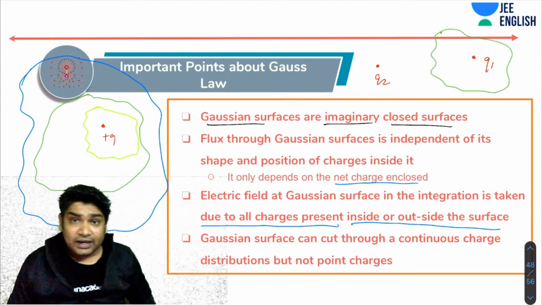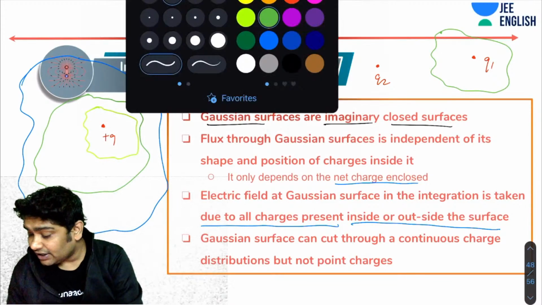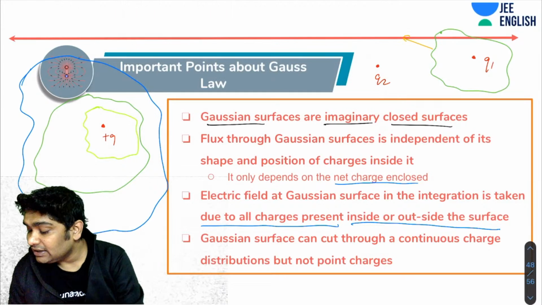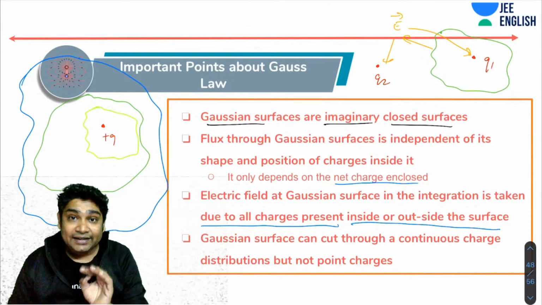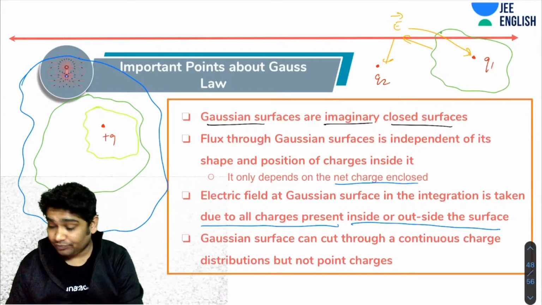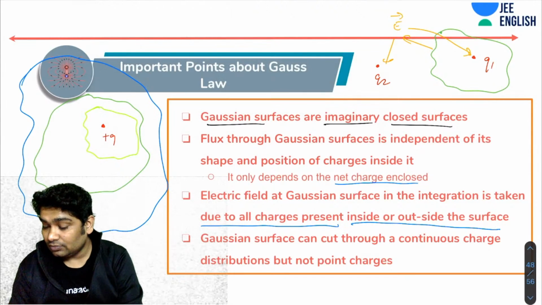So when you're performing the integral of E dot dS, the E at any point is due to both these charges. It is the net E due to Q1 and Q2 both. That is very, very important. A lot of people are confused about this.